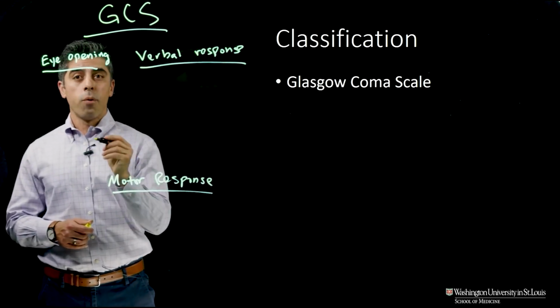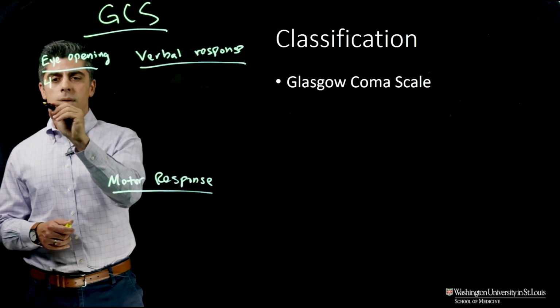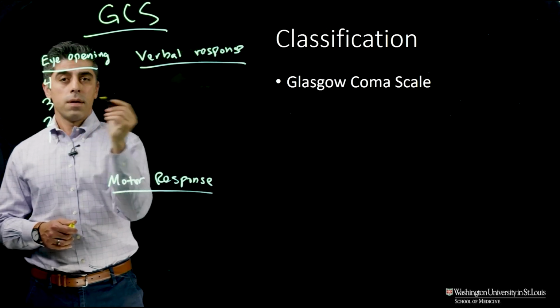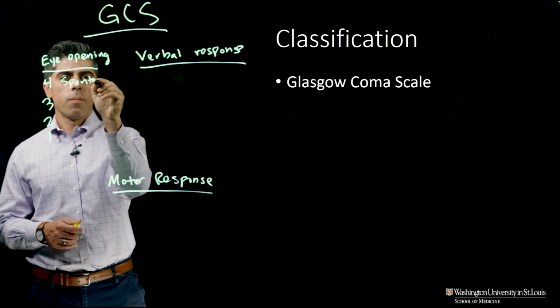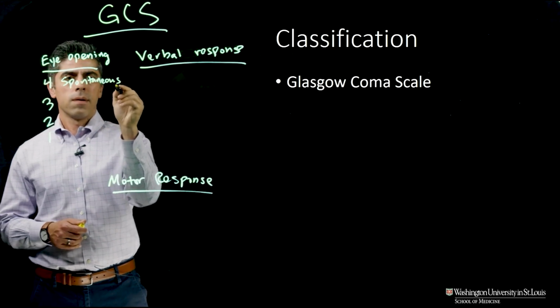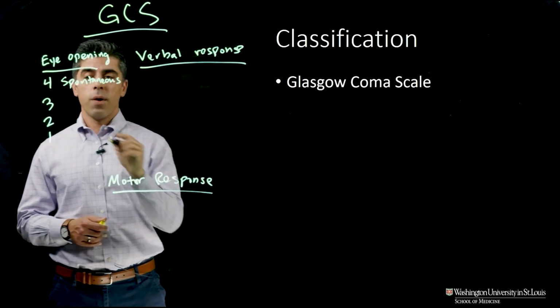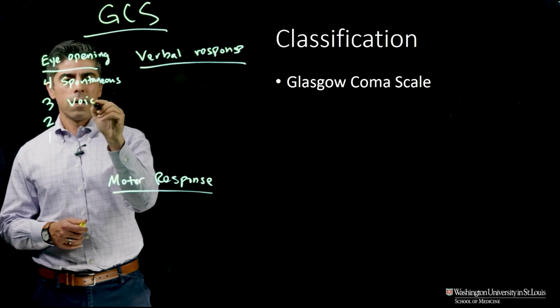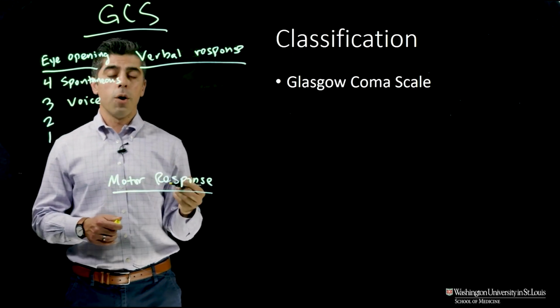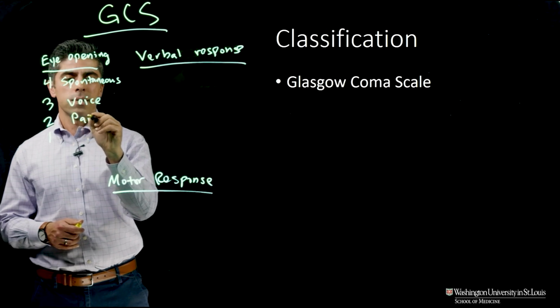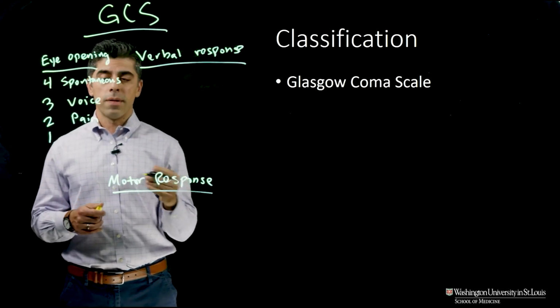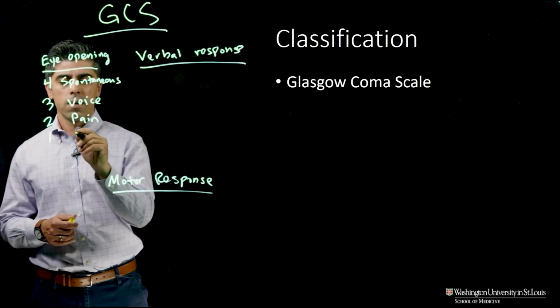Eye opening is a 4-point scale. If the patient opens their eyes spontaneously, 4 points. If the patient opens their eyes to voice, 3 points. If the patient opens their eyes to painful or noxious stimulus, 2 points. And for patients who don't open their eyes, 1 point.